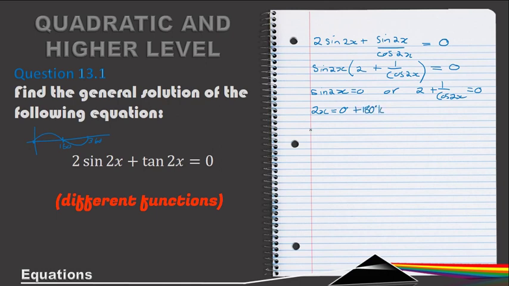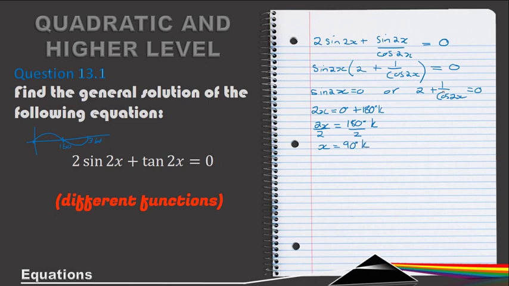So in actual fact, it's just 2x is equal to 180k. To solve for x, I'm just going to divide both sides by 2. Then x is equal to 90k.